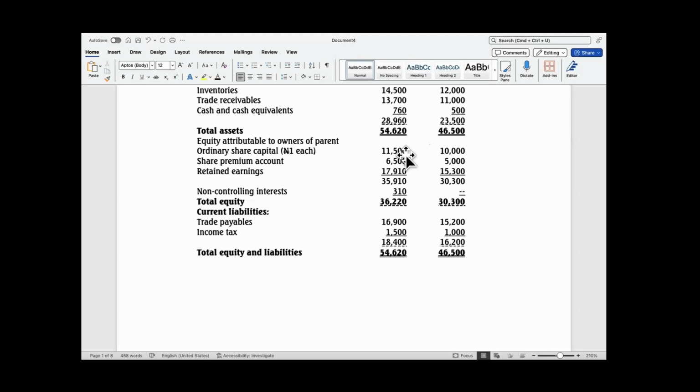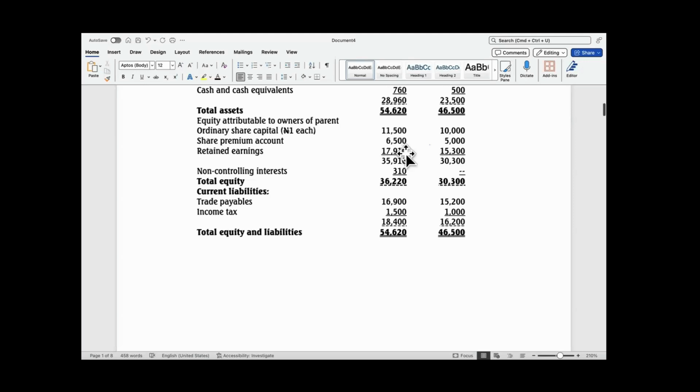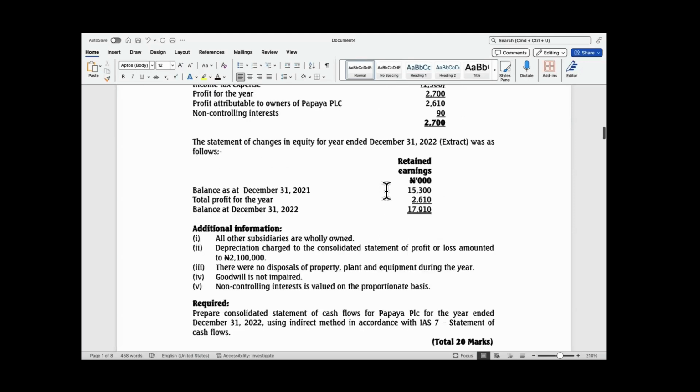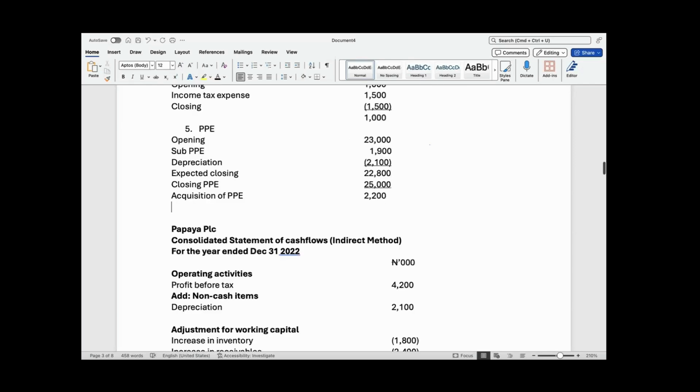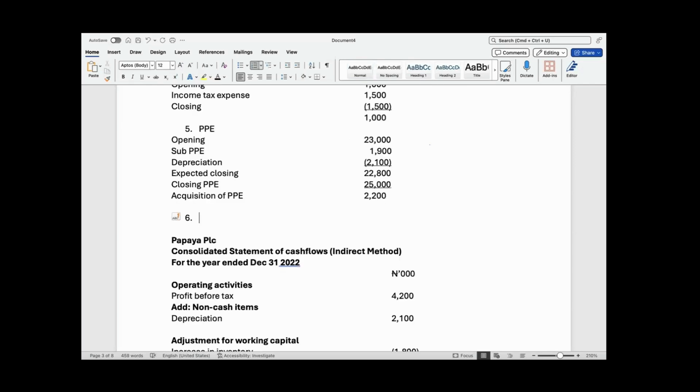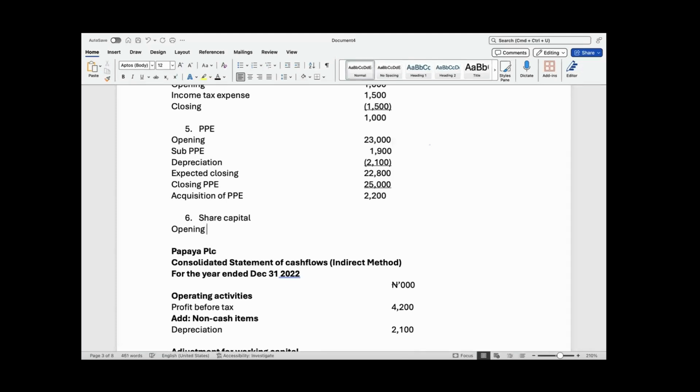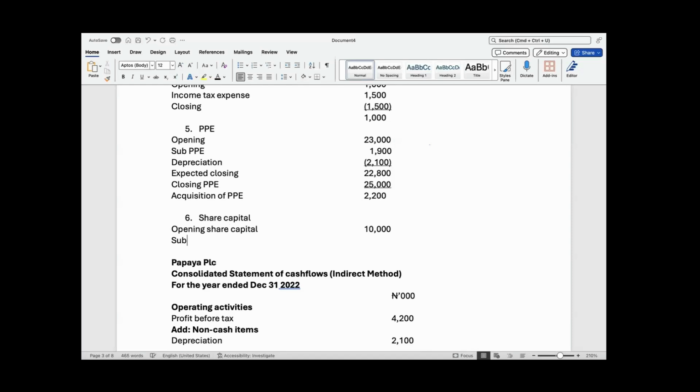I have to do the workings here, because we also issued shares to that subsidiary. Opening share capital is how much? 10,000. Subsidiary shares purchase was how much? 1,000.